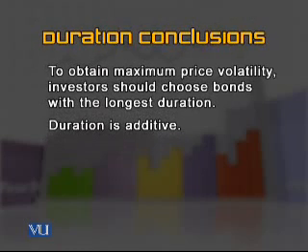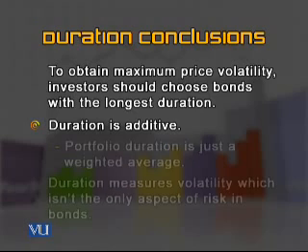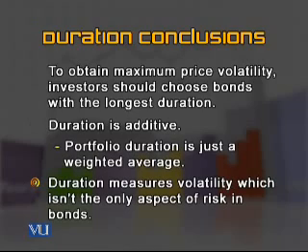So we conclude that duration is additive, and to obtain maximum price volatility, investors must choose bonds with the longest duration. And we conclude that duration measures volatility, which isn't the only aspect of risk in bonds. That is what we really gathered from what we've talked about duration.